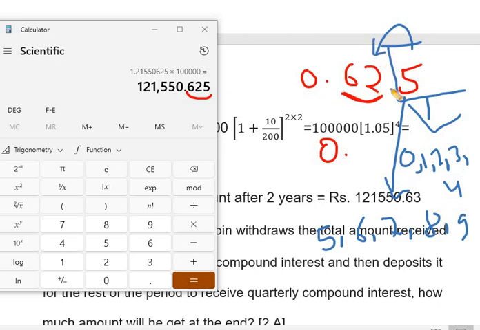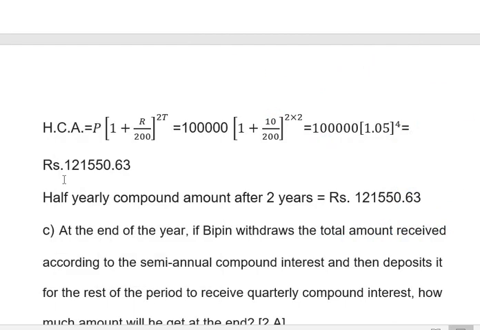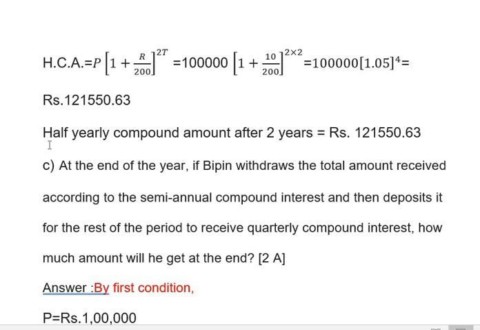So 0.625 becomes 0.63. So your final answer is 1,21,550 rupees 63 paisa. So the half yearly compound amount after 2 years is 1,21,550 rupees 63 paisa. Now you can find the compound interest also.